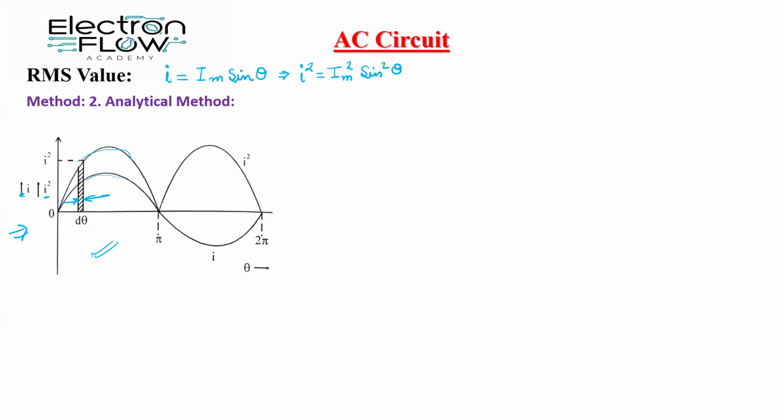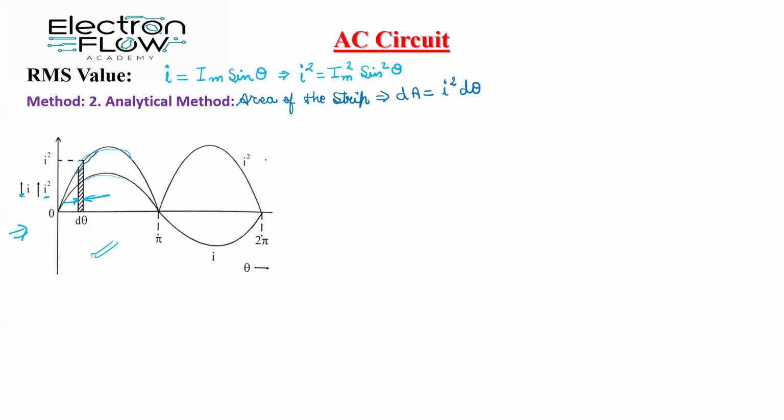Therefore, the area of the strip is given by dA equal to i square d theta. So we are assuming this elementary strip on that i square wave.